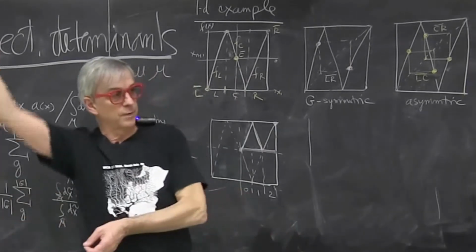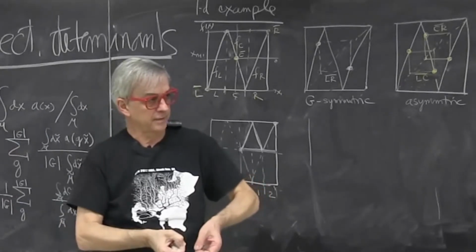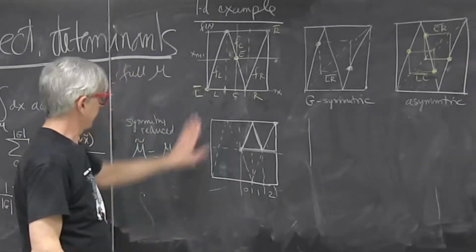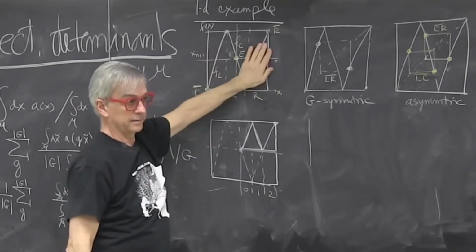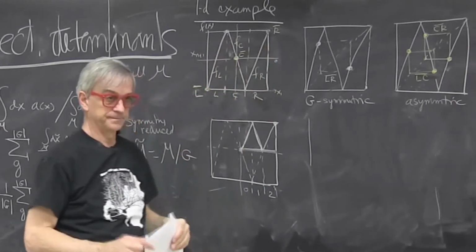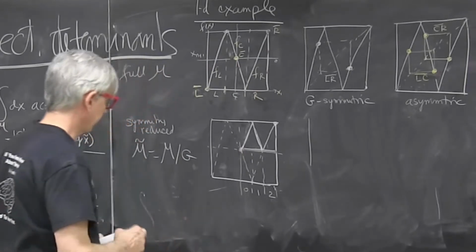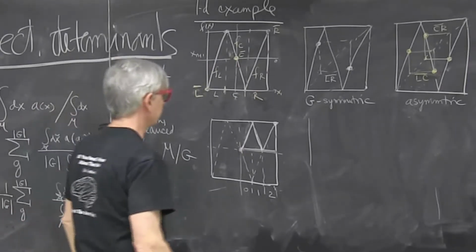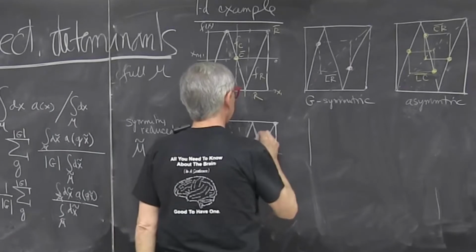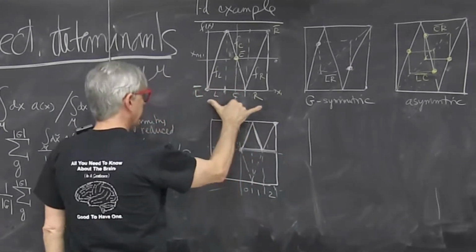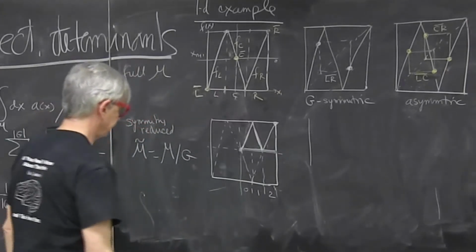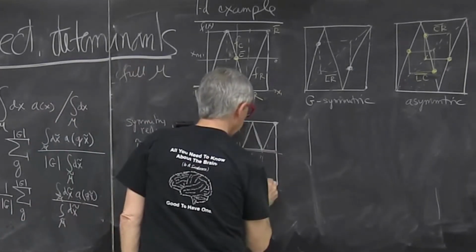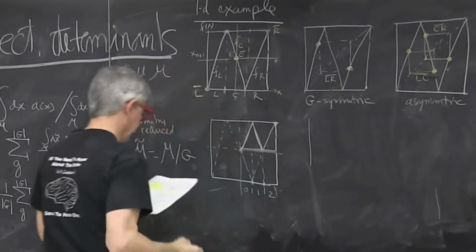I just told you, whenever you went out, you just pull yourself back. This says whenever you come out, you reflect yourself back rather than translate yourself back. So it's very similar to what we did for diffusion, but this is now a map on a unit interval being reduced to the map on a half-unit interval.